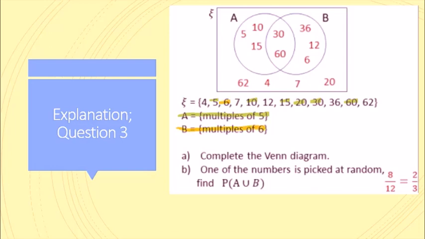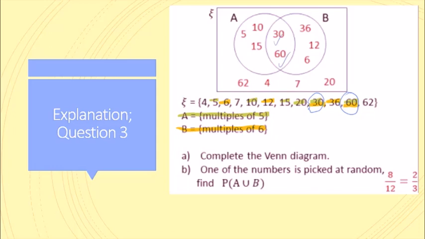That's 6, 12, 30, 36, 60. Okay, so which ones are going to be in both categories? And so it's 30 and 60. Okay, so 30 and 60 would be in both of those categories.